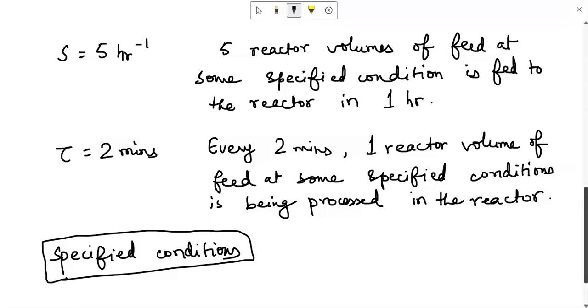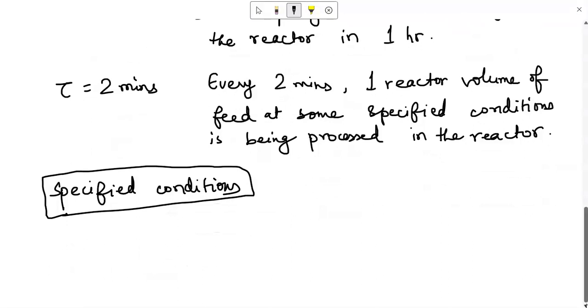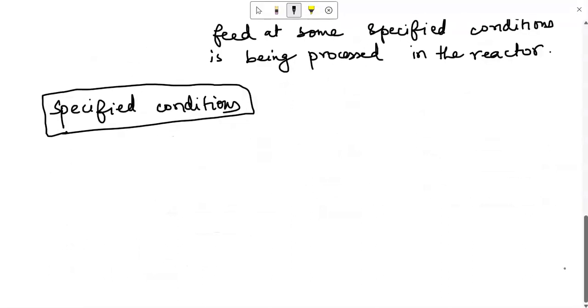To define that with respect to specific conditions and relate it to concentration, volume of reactor and volume of feed, or moles of feed entering at a given time, we use certain relations. We already know that tau equals 1 by s. Now this can also be written as Ca0 multiplied by V divided by Fa0.